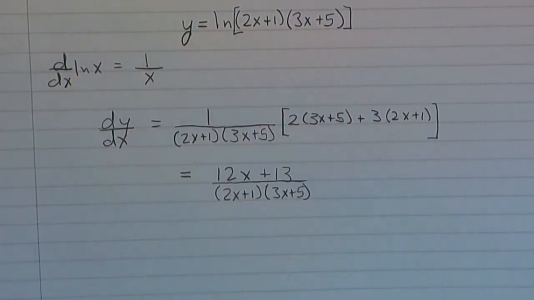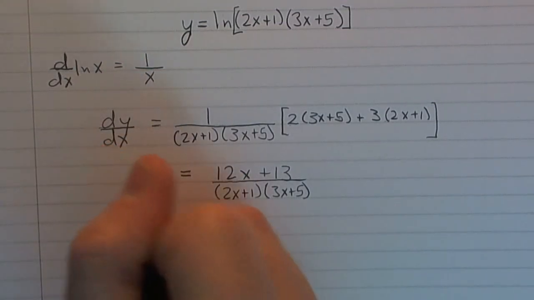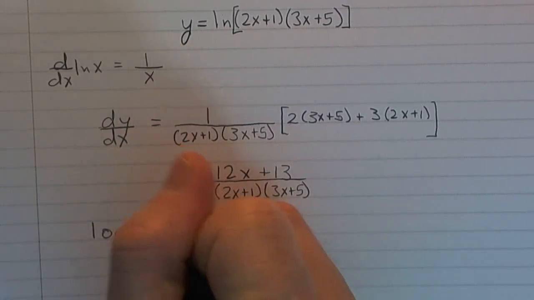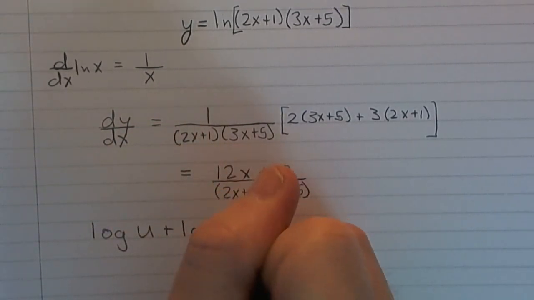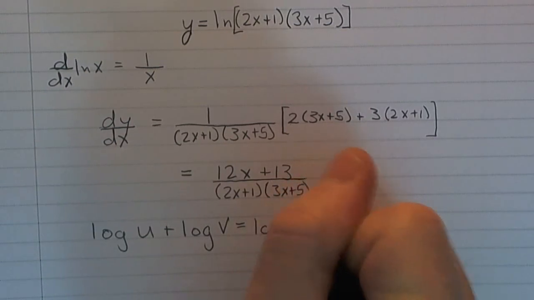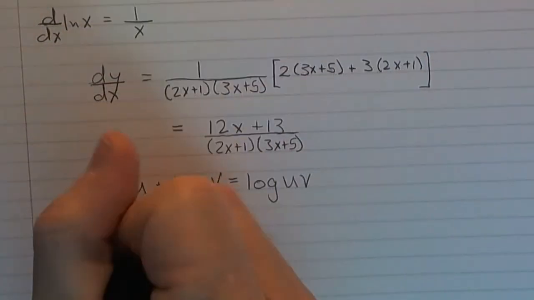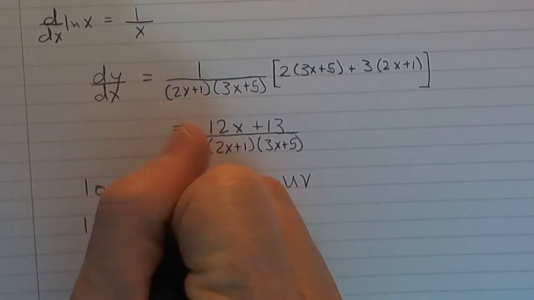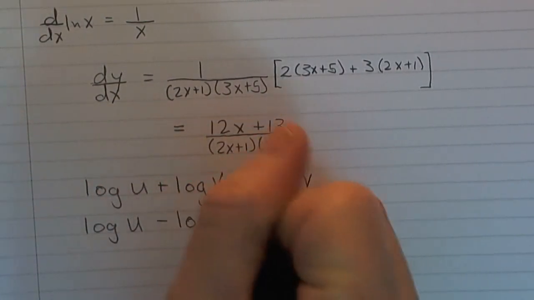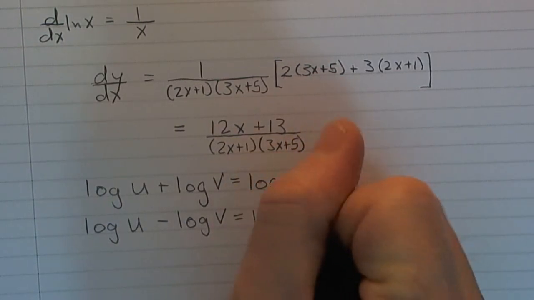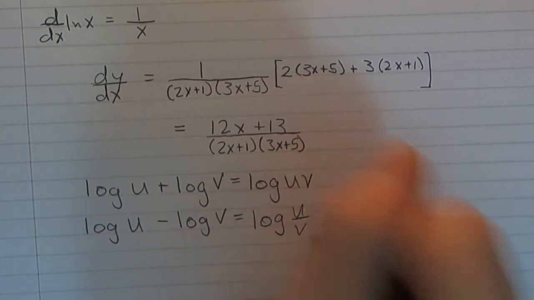But one of the cool things about logs is that we have these properties. Remember that log u plus log v is equal to log uv. And also, we've got the subtraction, log u minus log v equals log u over v.